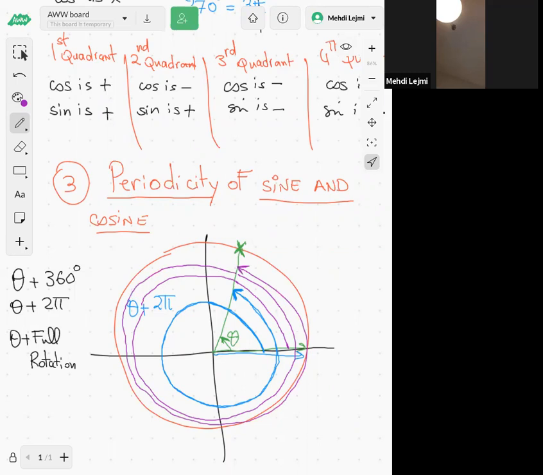So that will be theta plus 2 times 360 degrees, or theta plus 2 times 2 pi. So that's theta plus 2 full rotations.